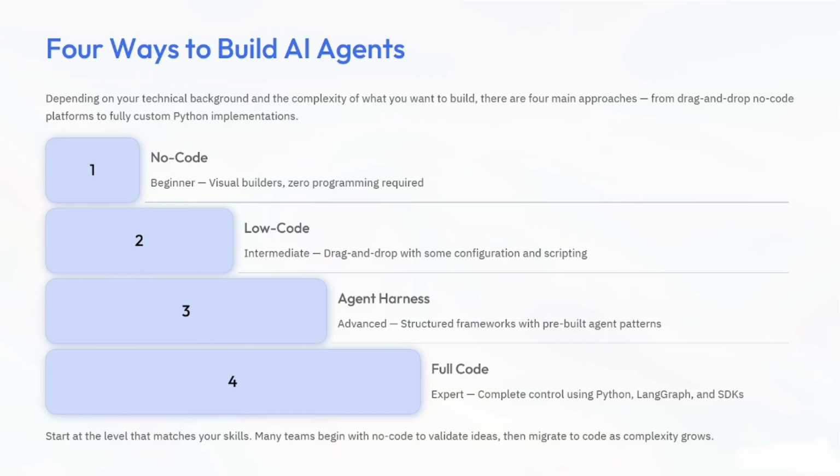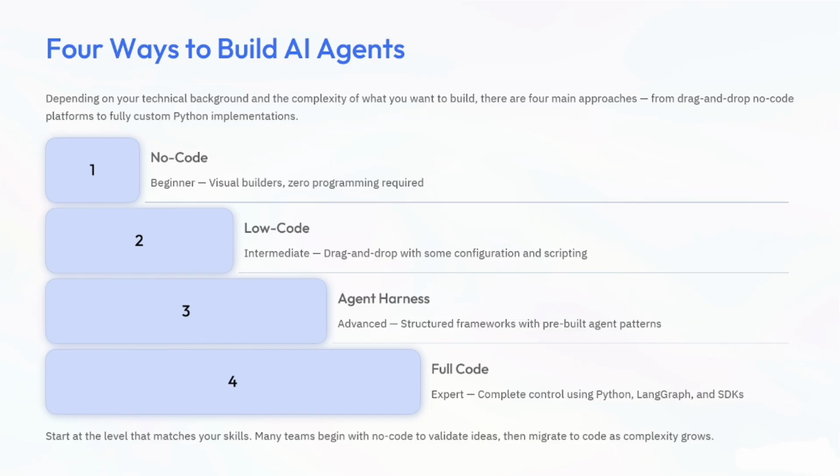The third one is agent harness. Agent harnesses are frameworks that already provide the structure for AI agents. So instead of building everything from scratch, you use a ready-made framework and customize it. Some popular tools are Hermes and OpenClaw. And then we are talking about the fourth one, that is full code.